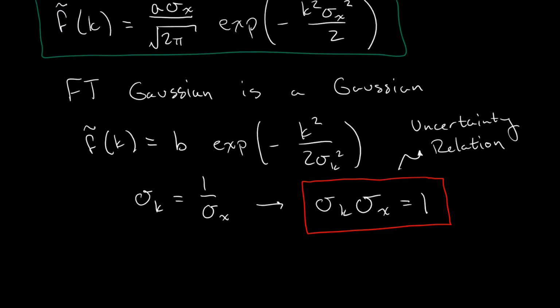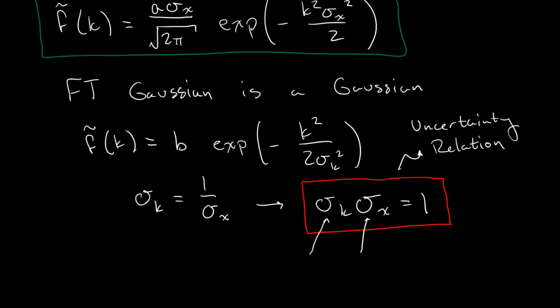What it's telling us is as I make the Gaussian in x narrower, I have to make the Gaussian in k wider. And vice versa. If I make it more narrow in k, I have to make it wider in x. So say I have some statistical distribution described by a Gaussian for where something might land, right?